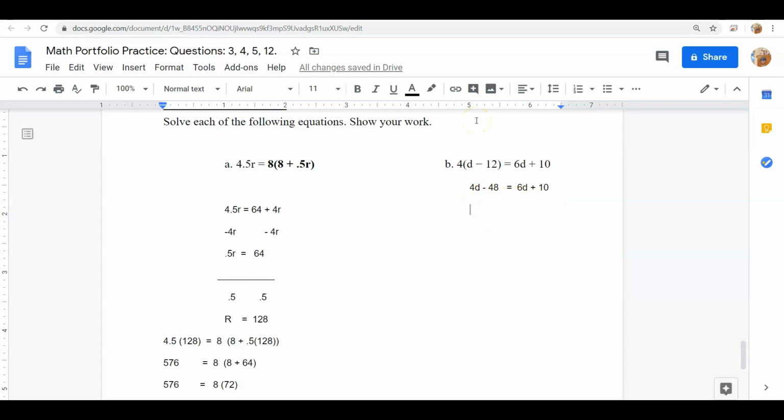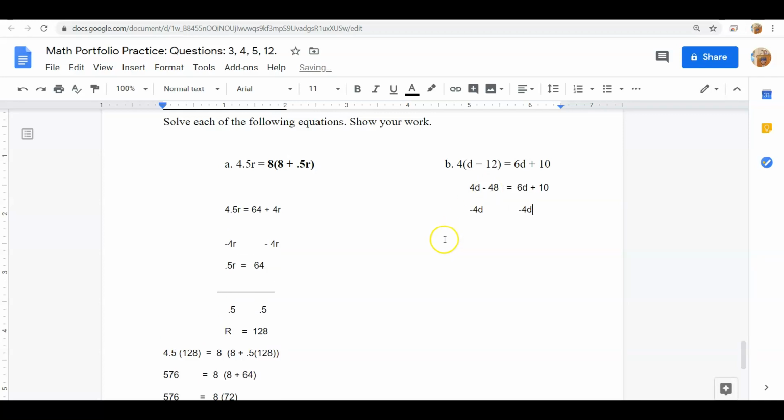So the way we eliminate positive 4d is by using the same number, the same variable, but a different sign. And that one's positive, so we make this one negative. We do that on both sides of the equal sign. So minus 4d here. Notice how I don't put this 4d underneath the 10 or the negative 48, because that's not where they're being applied to.